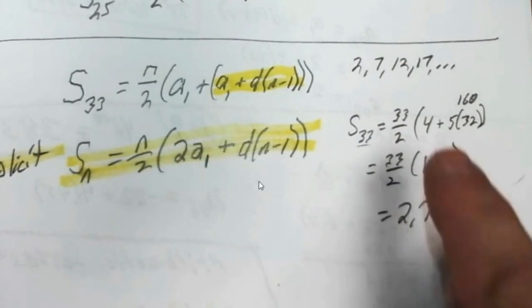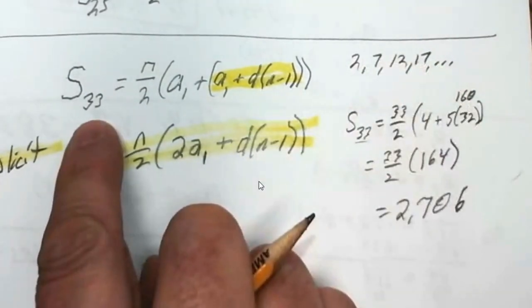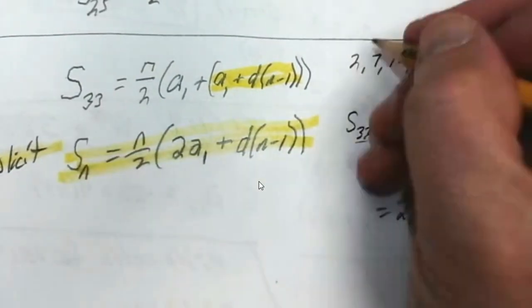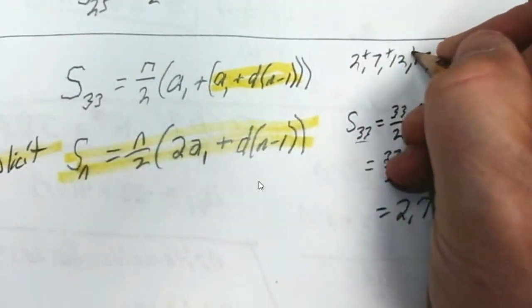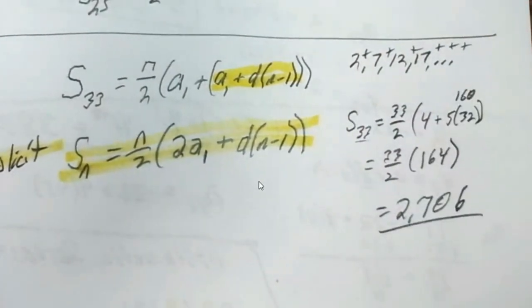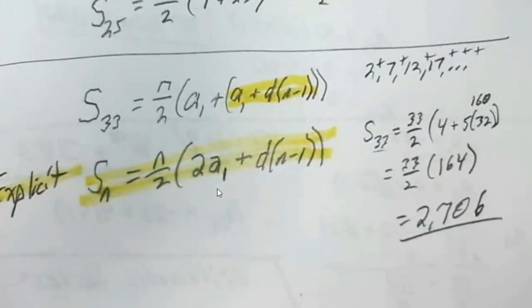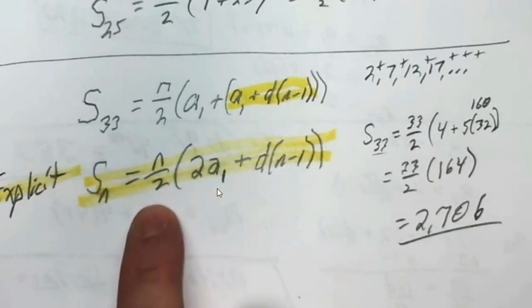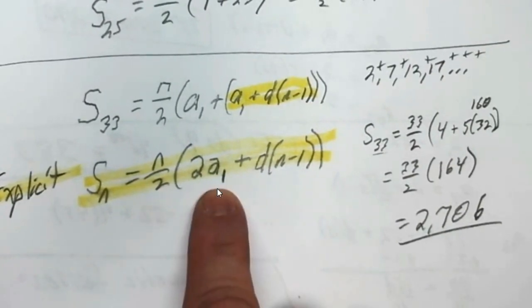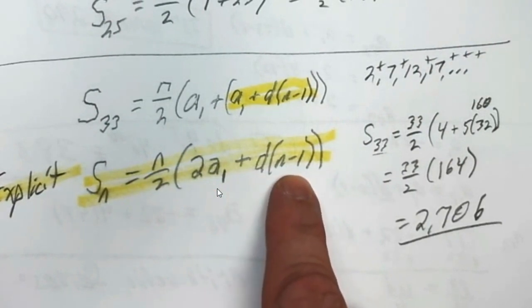So if we start with 2, 7, 12, 17, and we go all the way to the 33rd term and add all those together, it equals 2,706. We have a formula to do that. N divided by 2, 2 times the first term, plus d times n minus 1.